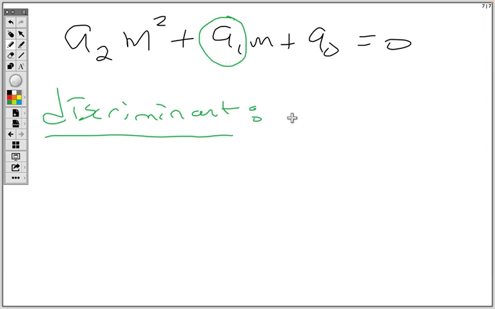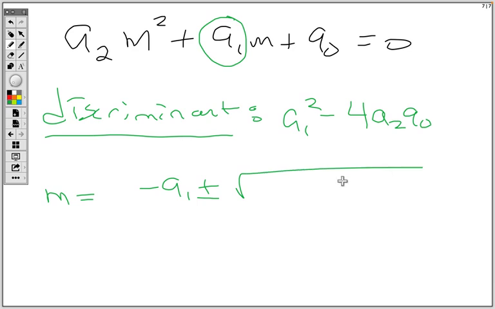So in this particular case, it would be the a1 squared minus 4 a2 a naught. The discriminant is what lies underneath the square root in the quadratic formula.